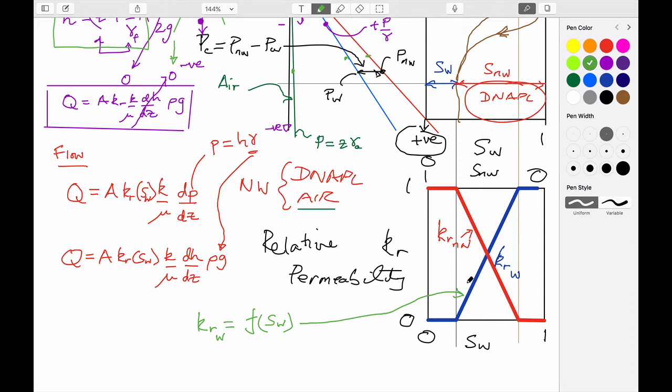So it's saying that if the saturation is equal to 0.4, then the relative permeability is equal to 0.1. If the saturation is equal to 0.6, then the relative permeability is equal to 0.7. Function of, that's all. Yeah, so that's important. Just shorthand for writing function of. Okay, all right.